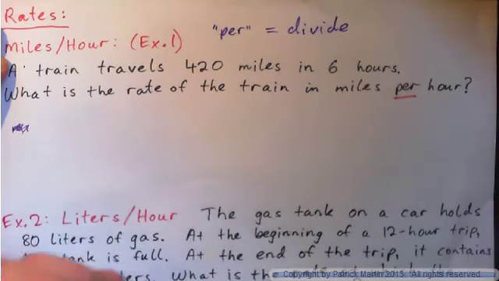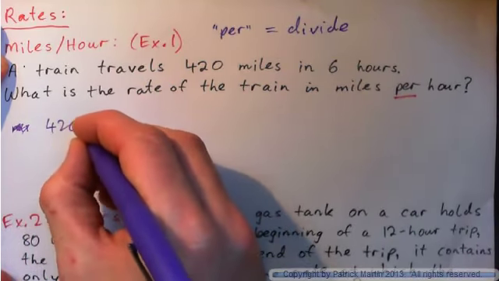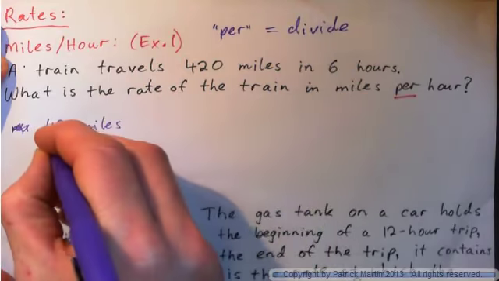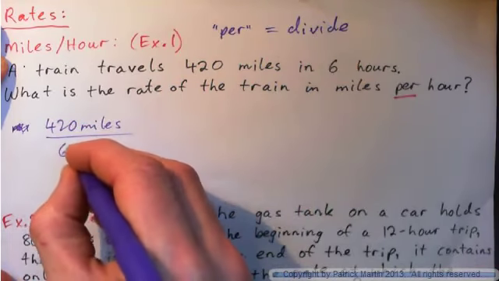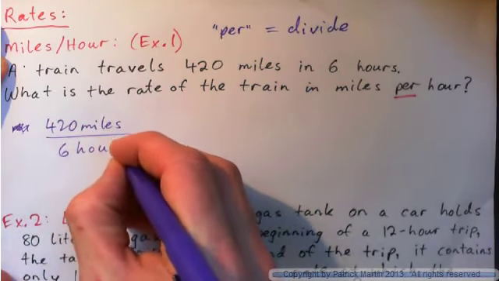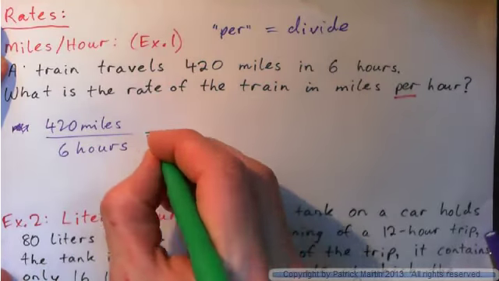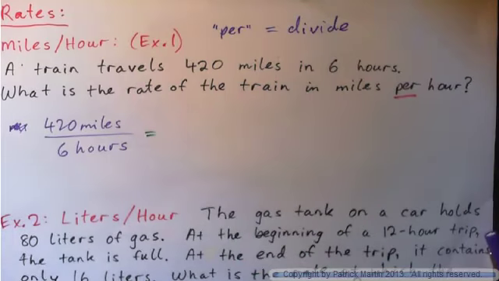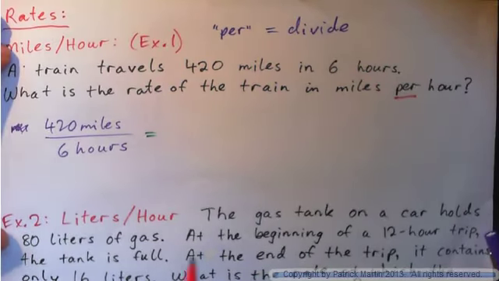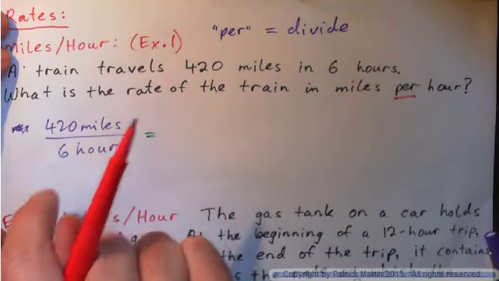So, how many miles have we got? 420 miles divided by 6 hours. See that? So anyway, you may have already known that. Then we just put the fraction in lowest terms. They're both even numbers, so 2 will work.